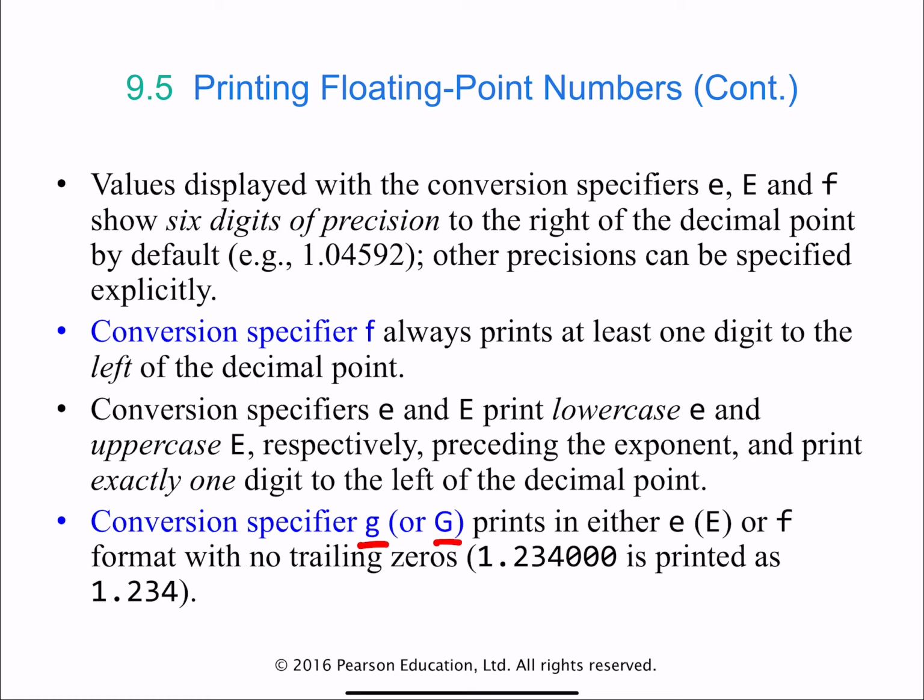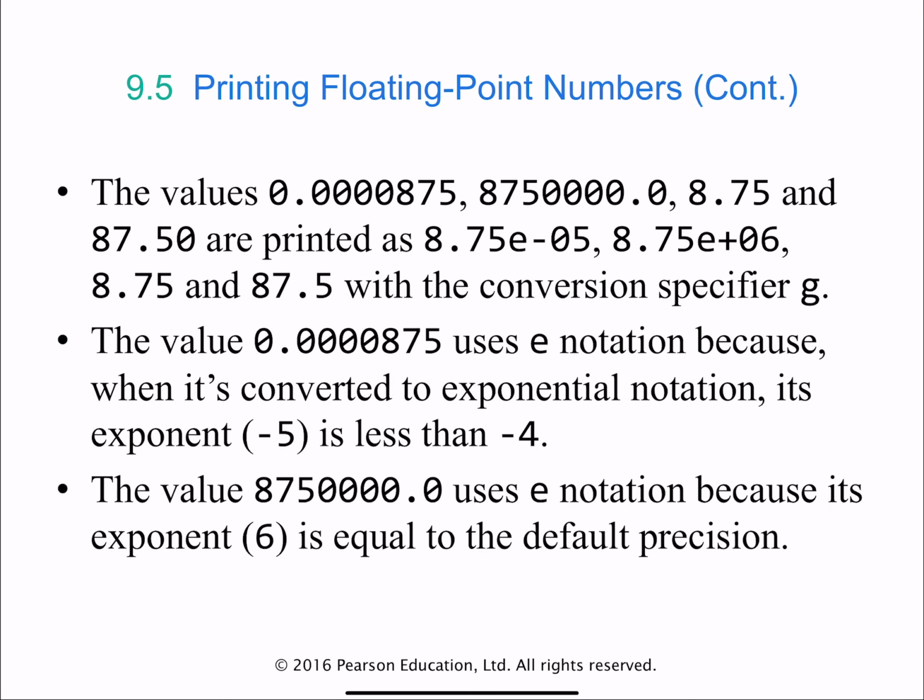That is in case the representation for your number is chosen to be exponential, it'll use the uppercase e for that. And let me show you some examples for that.